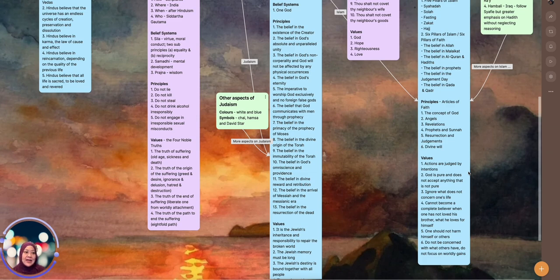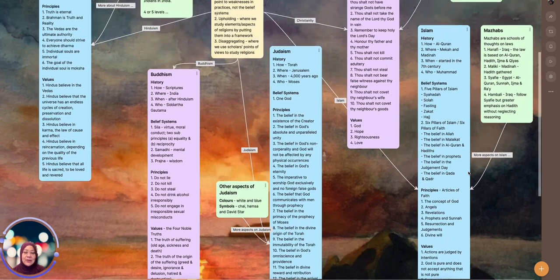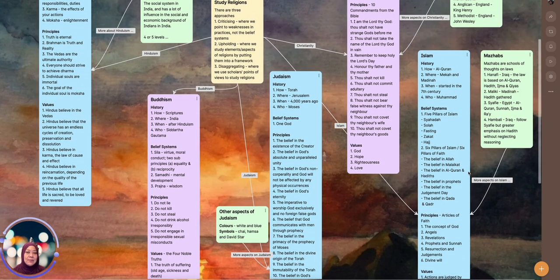Okay? And if you talk about Islam, last but not least, we talk about the mazhabs. So we have 4 mazhab. Mazhabs are schools of thoughts on laws. How this mazhab sees or defines something would be different depending on the schools of thoughts on laws, on the rules and regulations.